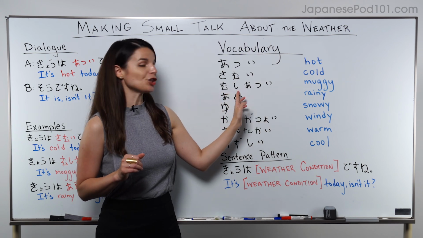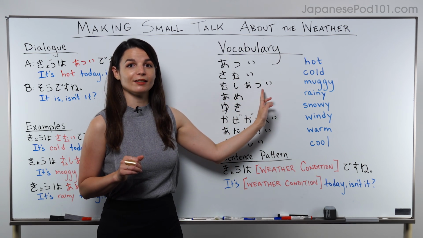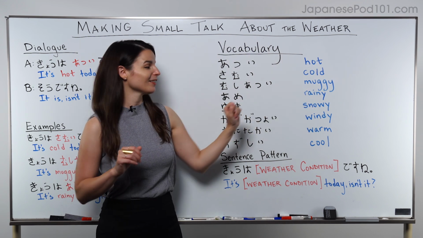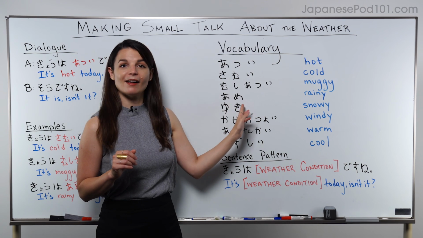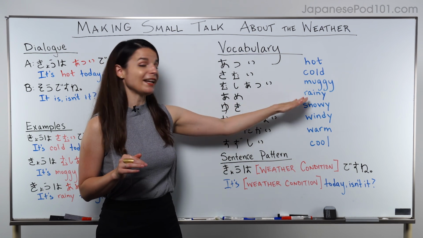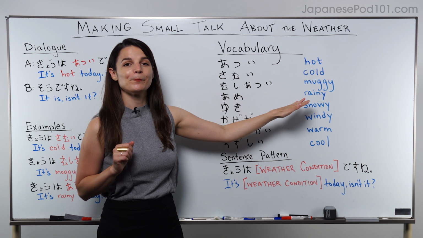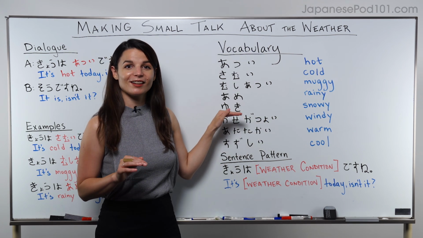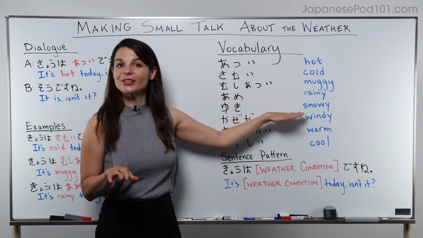Next is 蒸し暑い. This means muggy or humid. Next is 雨. Rainy or rain. Next is 雪. This means snow or snowy.